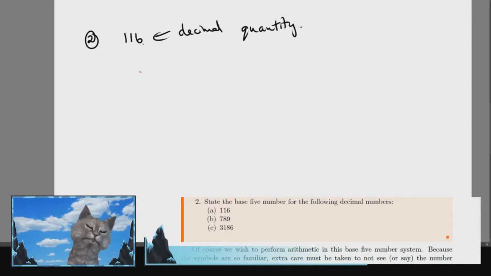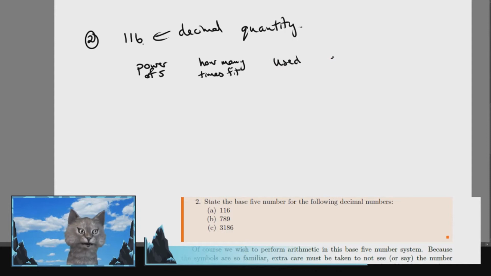So a first column, and this isn't the only way, this is just my suggestion, could be to write which power of 5 am I going to look at. Then, let's say how many times does that fit? Then what have I used?